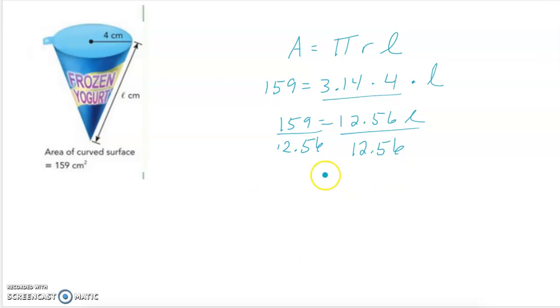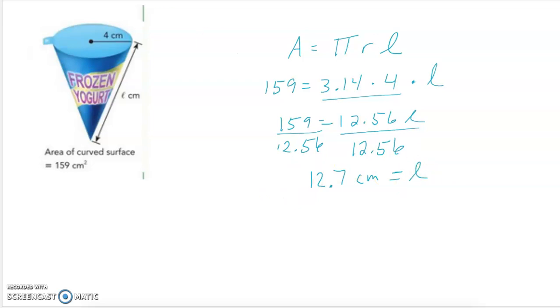So the slant height is 12.7 centimeters. The question in the book might have said round it to the nearest whole number, but I don't know offhand if it did or not. But the 12.7 centimeters is equal to L, the slant height.